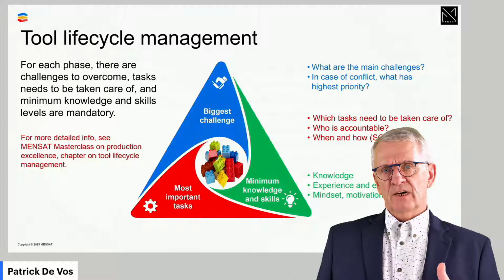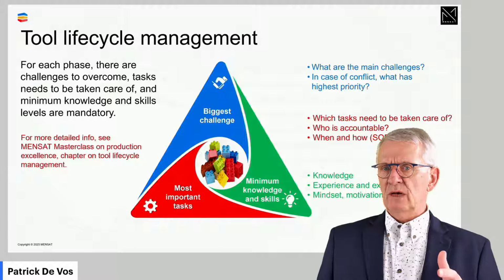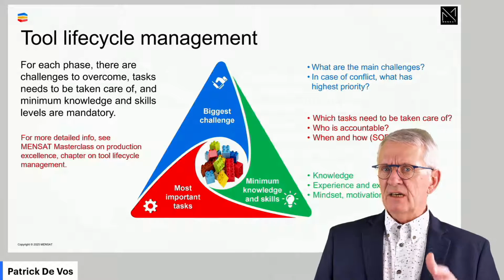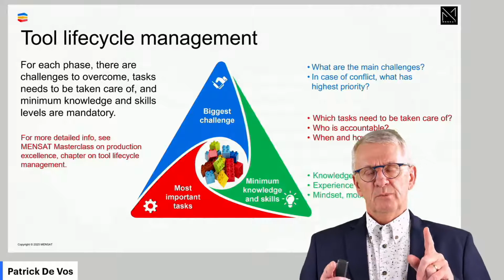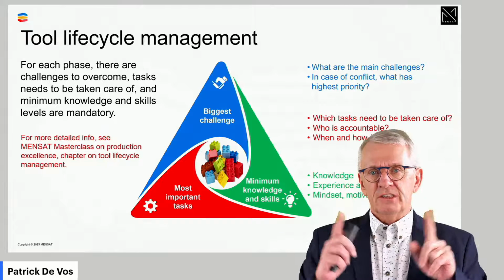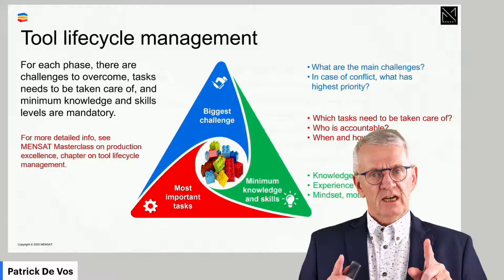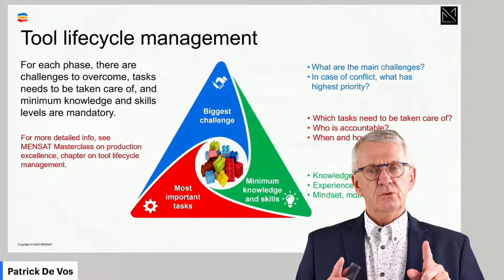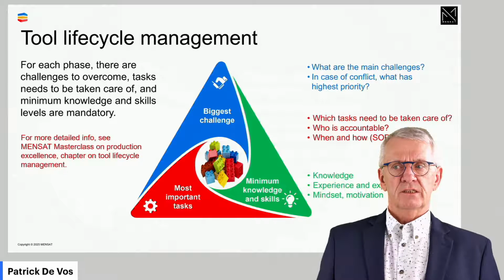But what we have to be aware of in each of those steps is that there are certain challenges. And we should know the challenges in a certain company. What are the challenges? And very important, if there is a conflict between two priorities, everybody should know which one has the highest priority, which one overrules the other in case of a conflict.